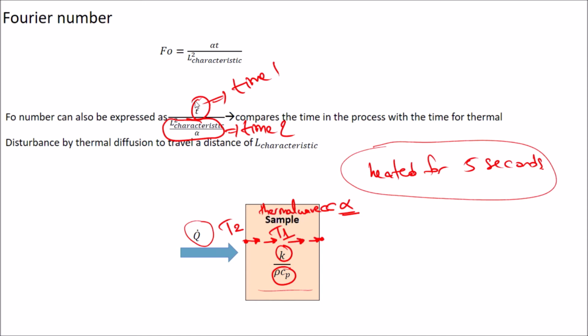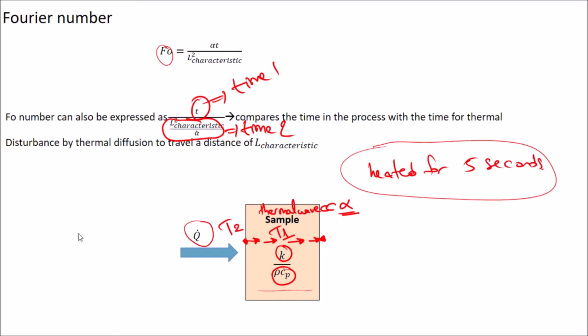Therefore, we are comparing the time for heating versus the time required for the thermal wave to travel from one part of the material to the other part. These two times' ratio gives us the Fourier number, which is a non-dimensional number. L squared by alpha is the time required for the thermal wave to propagate into the domain from one part to another by thermal diffusivity, and the other one is the time required for the process to happen.